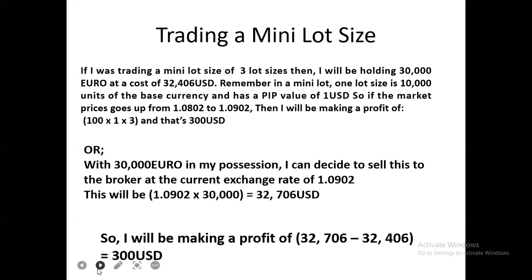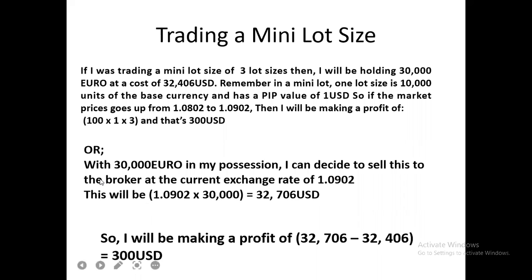Because I'm actually trading a 3 lot size, which is equivalent to 30,000 euros. If I was trading a single lot size, it will be 10,000 euros. A double lot size will be 20,000. But in this case, we are looking at 3 lot sizes, which is equal to 30,000 euros. So with that in mind, it means that a profit of 300 US dollars will be made.